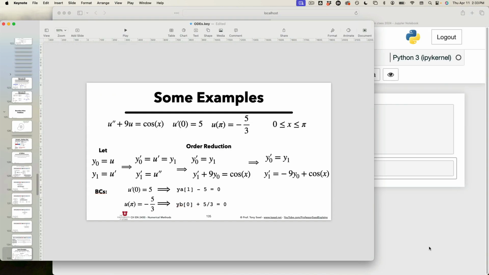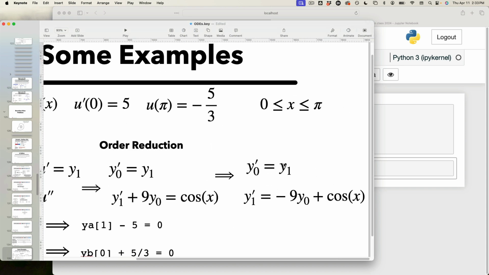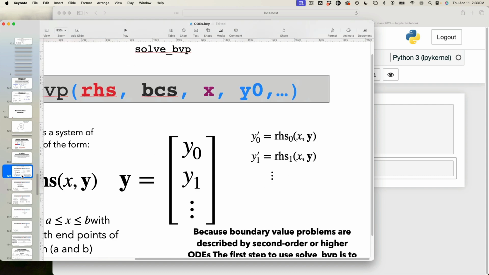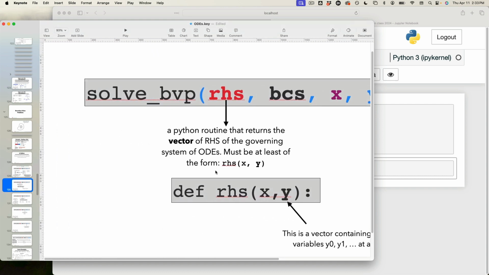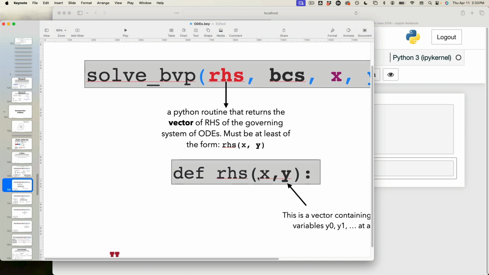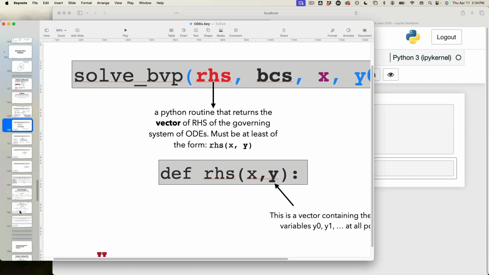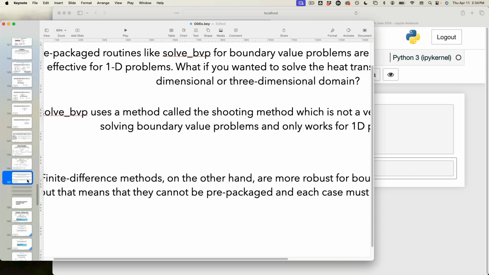So I'm first trying to implement these two here. If you go back to solve BVP, what I need first is the right-hand side. My right-hand side needs to be defined as x comma y, and I'm going to assume that y brings in the dependent variables in that order: y0, y1, and so on.